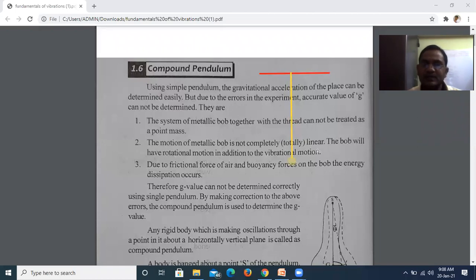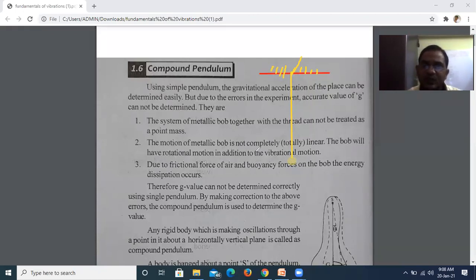A point mass is suspended by means of a thread. That arrangement is called a simple pendulum. So a small point mass is suspended by means of a thread from the point of suspension. This is called the point of suspension. That arrangement is called a simple pendulum.